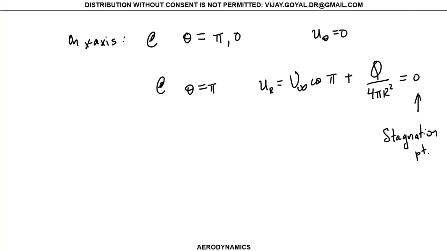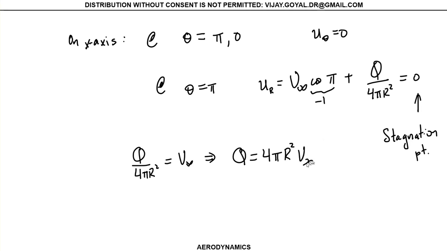Okay, so now we go ahead. If that's the case, this gives you -1. So in other words, what you find is that your Q over 4 pi r squared is equal to V infinity. And from here, you find that your Q is equal to 4 pi r squared V infinity. Okay.